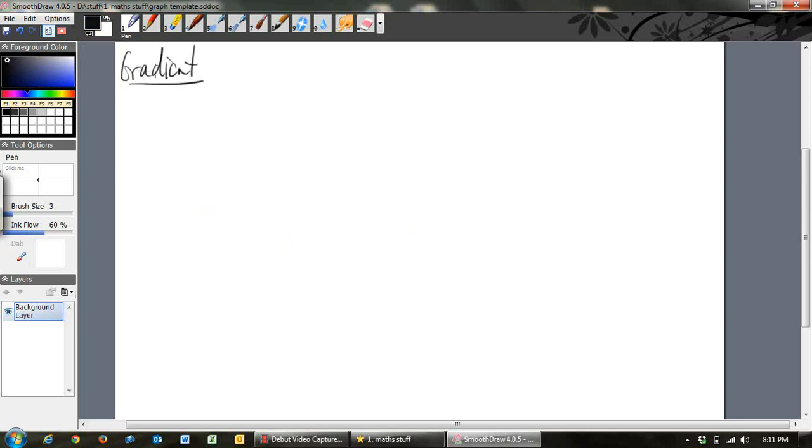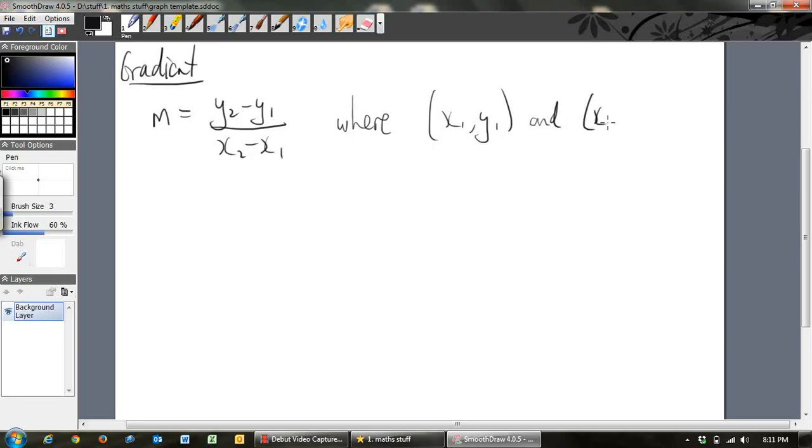So the second way to find out gradient is using this formula. Okay, so what we've got is the second formula, and if we know that there's 2 points on the line, x1 and y1 and x2 and y2, this is just 2 pairs of points.